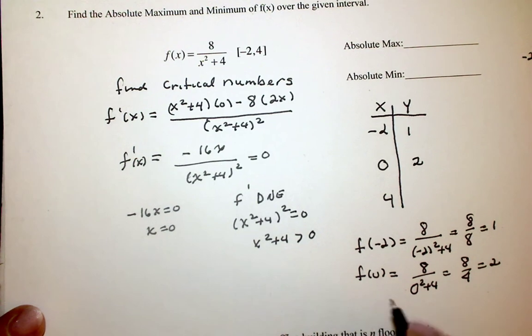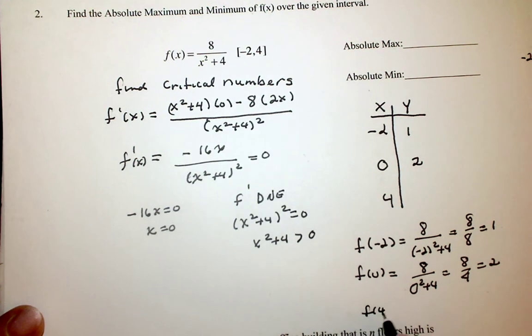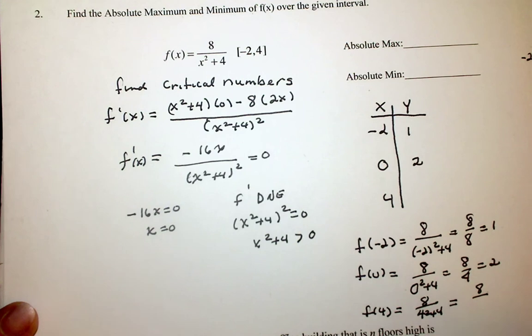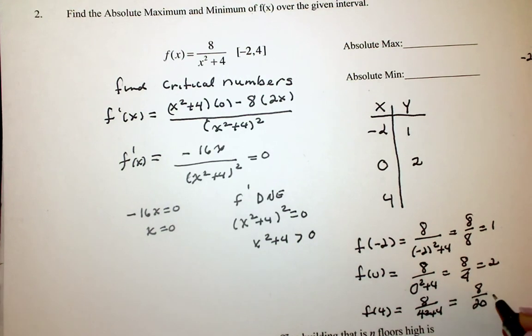Now I run out of space. F of 4 is 8 over 4 squared plus 4, which is 8 over 16 plus 4, 20. Common factor 4, and that's 2/5.